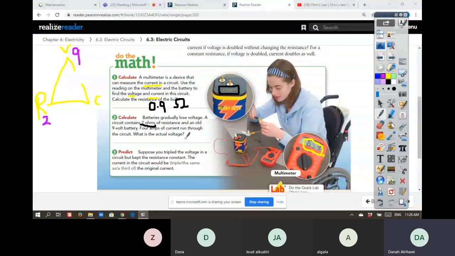What is the actual voltage? It was 9 and I have now 4 ampere. Okay, they said it's an old 9 volt battery.